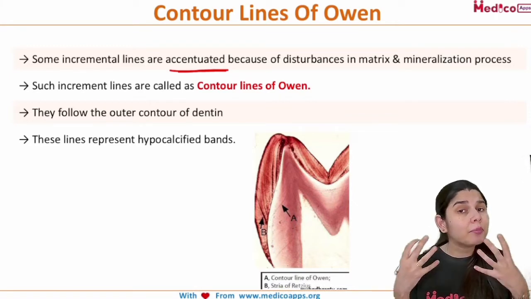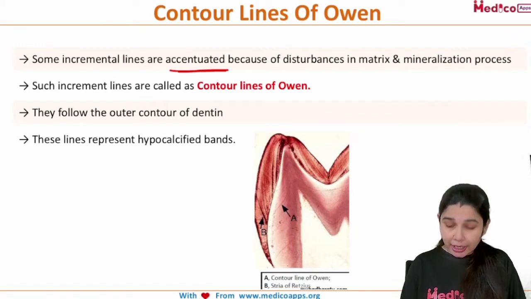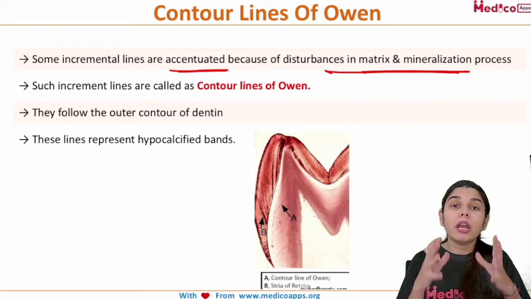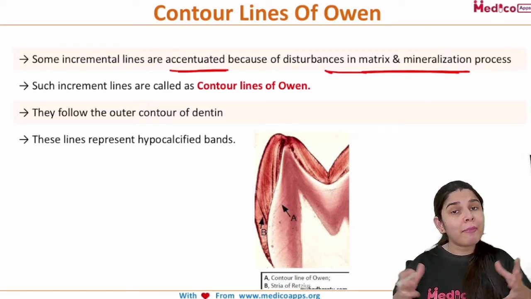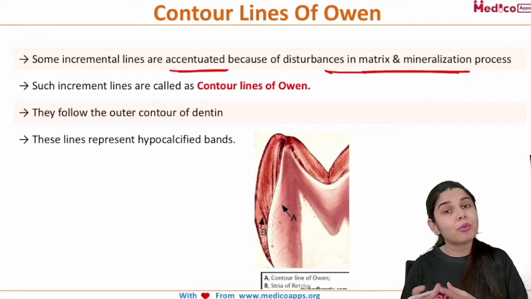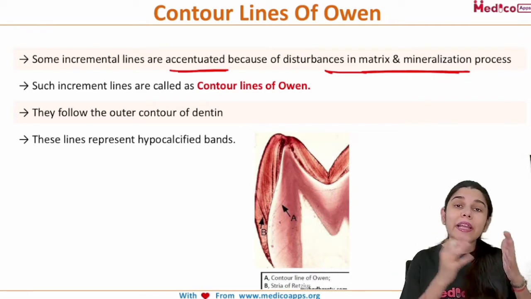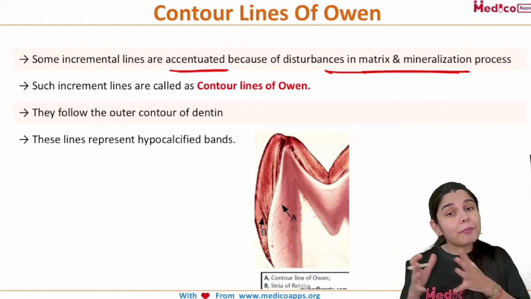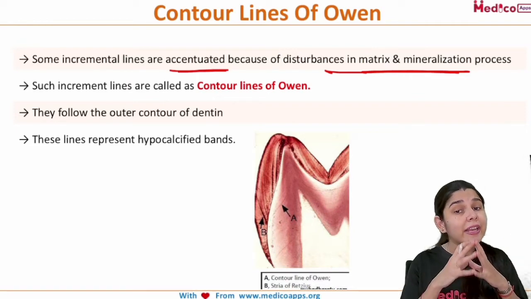There are certain prominent incremental lines which are formed because of the disturbance in the matrix and mineralization process. During the formation of a tooth, a lot of matrix and mineralization process goes on, and that is how the tooth formation takes place. But if there is any disturbance during that process, there are certain incremental lines which are formed, and they are very prominent.